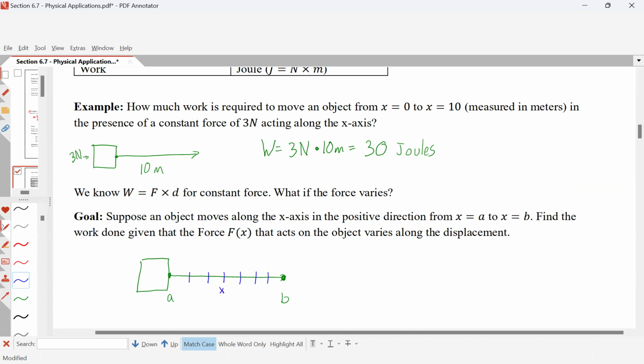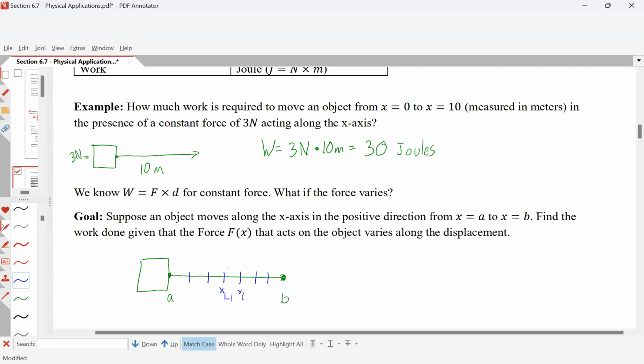In particular, between x sub i minus 1 and x sub i, we can estimate the force on that small little interval, use it to find the work being done over that small interval, and use the small interval to then tell us about the whole interval.